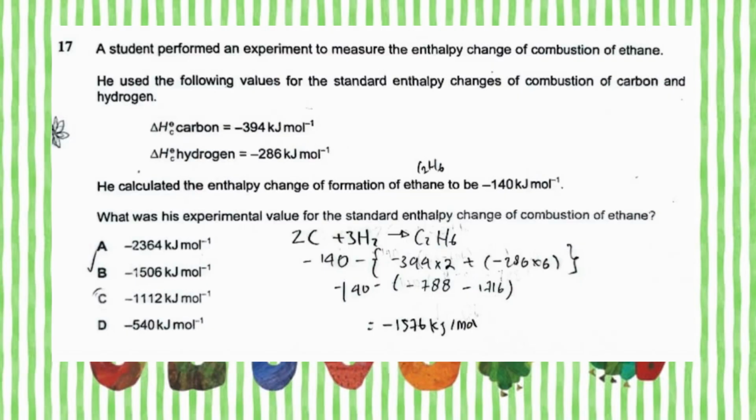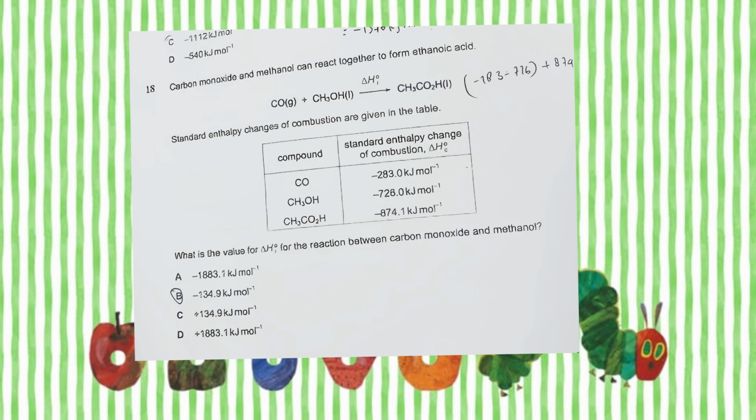So that's it. Okay, guys, we continue to the next question. Question 18. As we see, they give us information about carbon monoxide and methanol, then we need to find the evaporation for carbon monoxide and methanol. They give us information about carbon monoxide, which is minus 283, and the other one also has information.